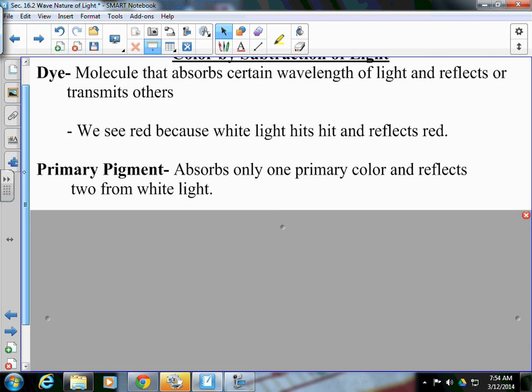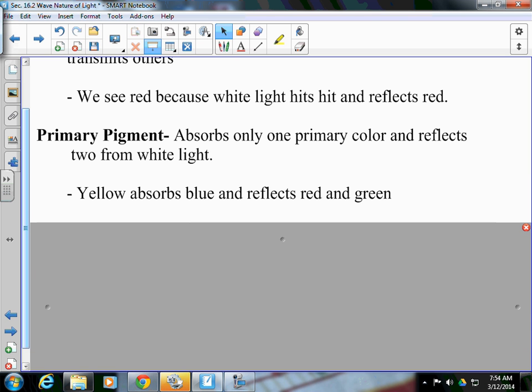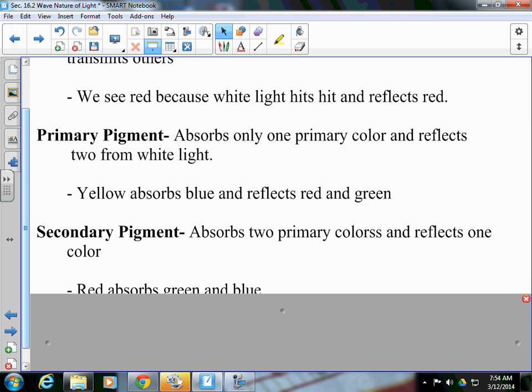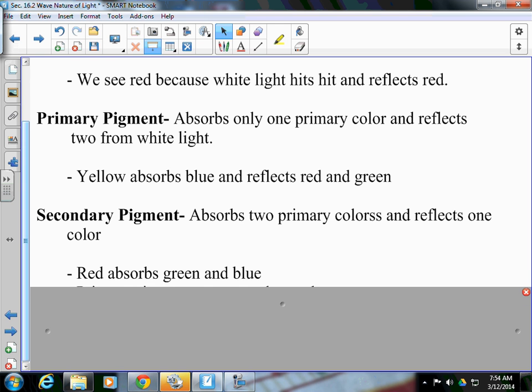Likewise, if we have a secondary pigment, another example that we talked about, it's going to absorb two primary colors. So again, we go back here and we look.